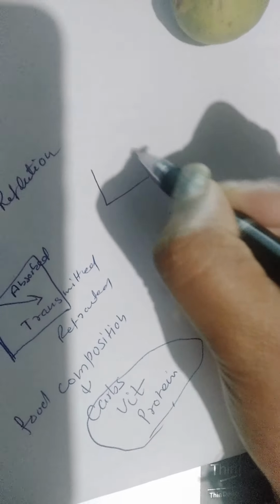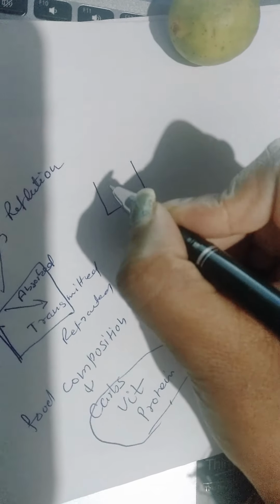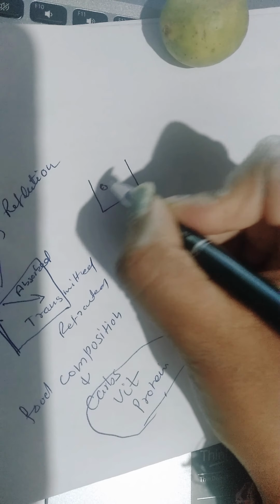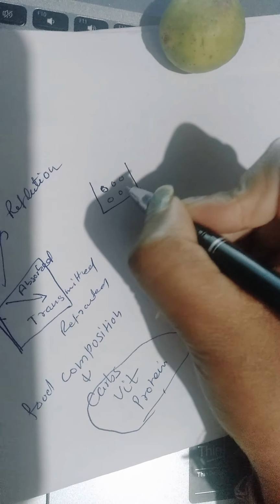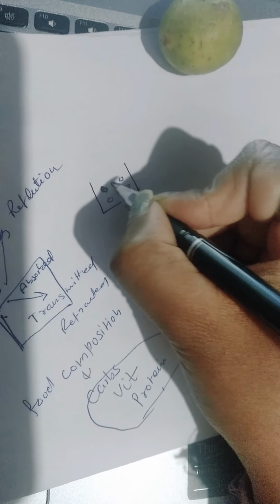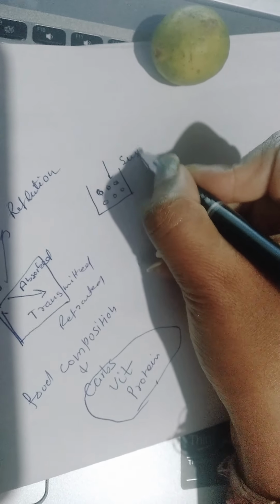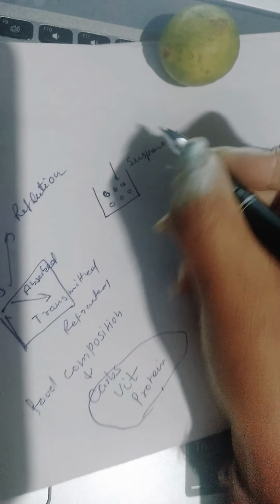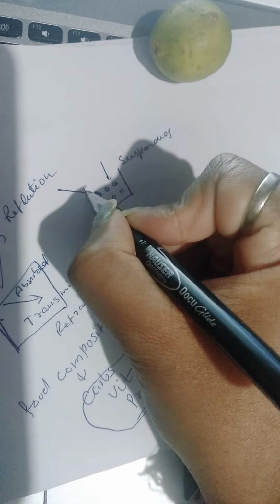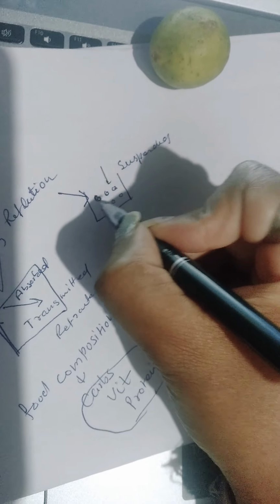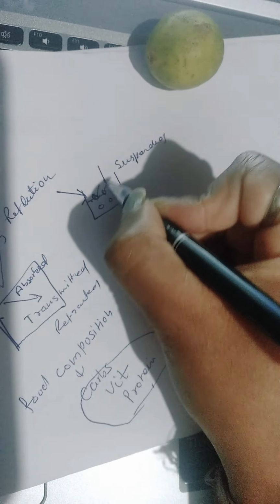Okay, so why does turbidity occur? As we know, when we extract juice, it also has some solid particles. When these solid particles are suspended and light is incident on them, the light gets scattered.